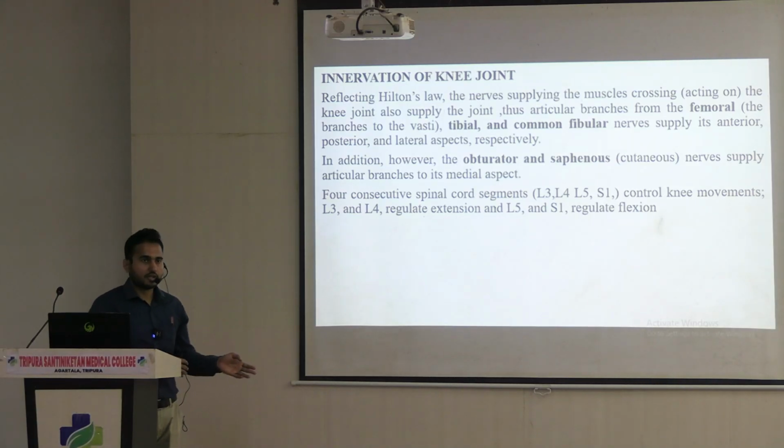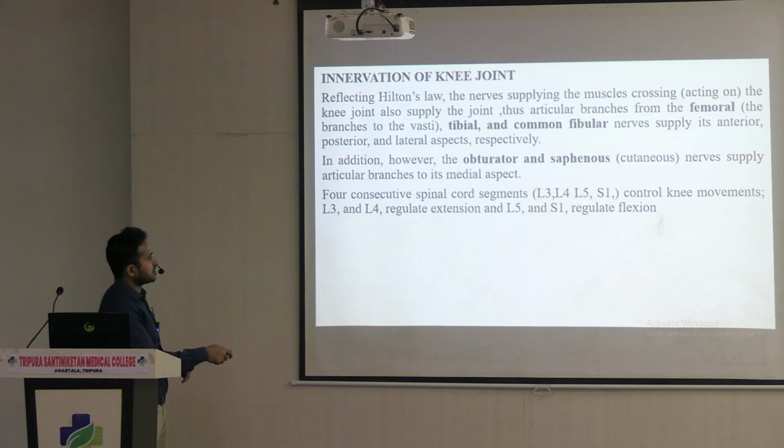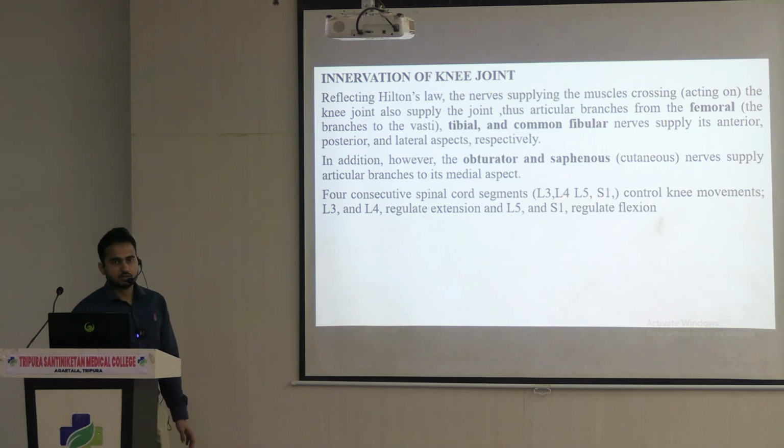Now, in the case of the knee joint, as you can see, 4 consecutive spinal segments are supplying or controlling the movements of the knee joint. Among them, L3, L4 regulate the extension, L5, S1 regulate the flexion. Okay, so these are the segmental innervation for the knee joint. So that's all about the ligaments, blood supply, nerve supply.